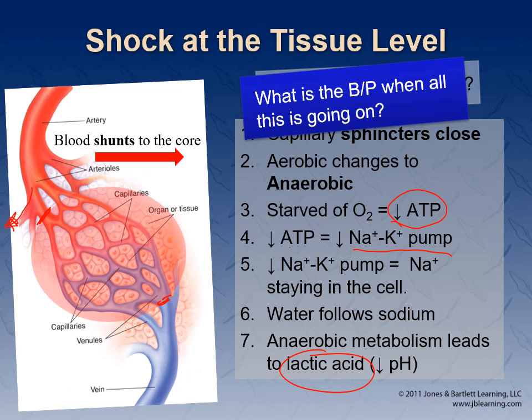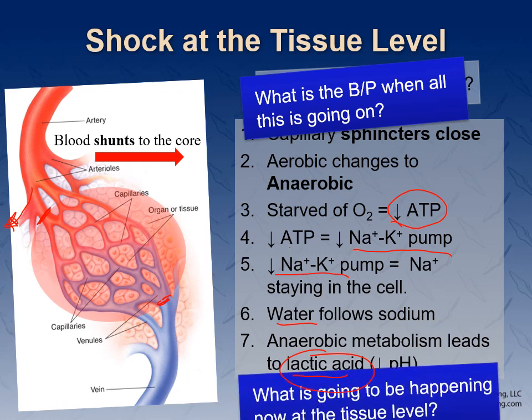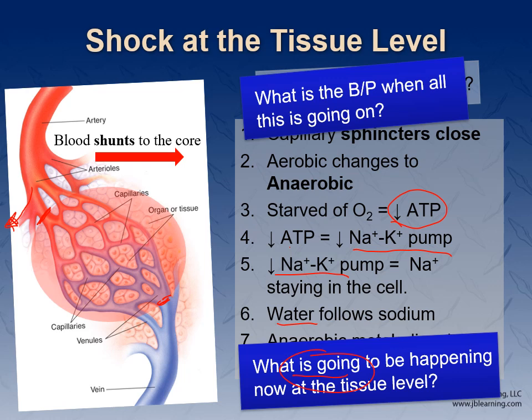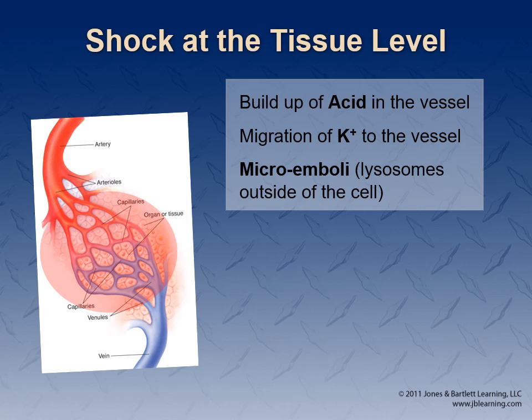At some point, we will not be able to compensate. Sometime we will have dead tissue from the water. We will have acidosis. We will have potassium outside of the cell into the vessel. The tissue is still suffering though. We're going to be building up acid, potassium, and we have lysosomes, which are garbage trucks on the inside of your cell that are not very good at saying, this is self and this is not self.